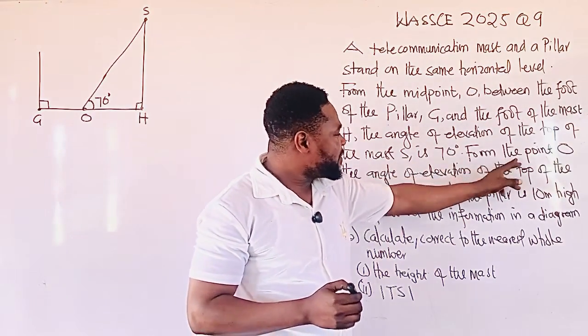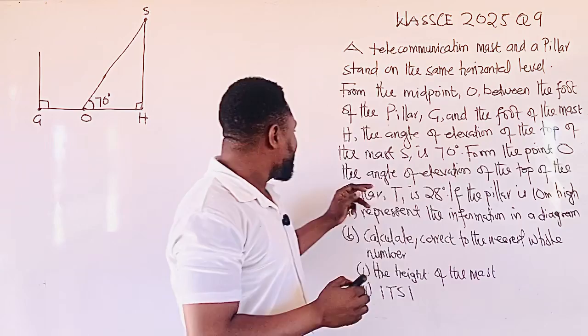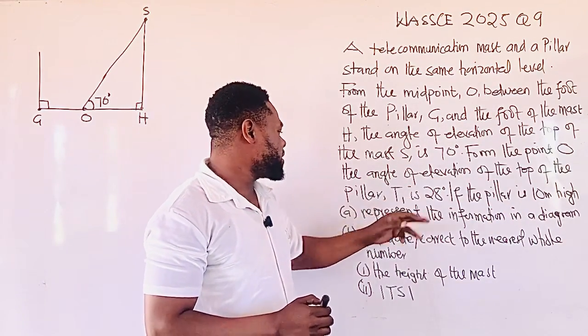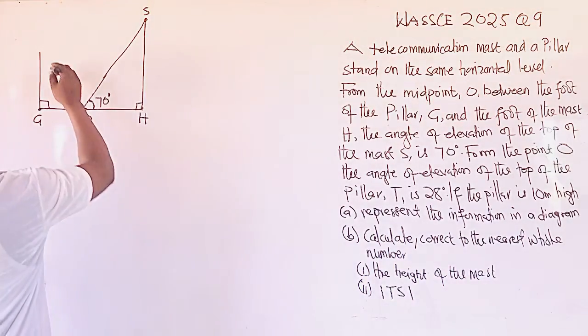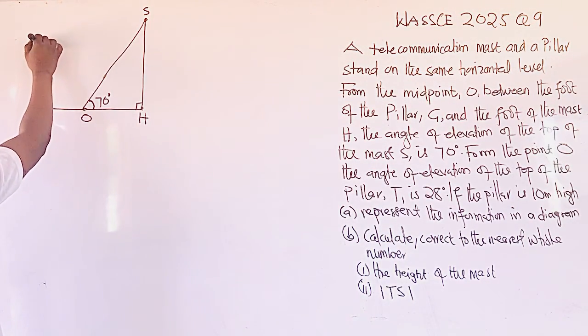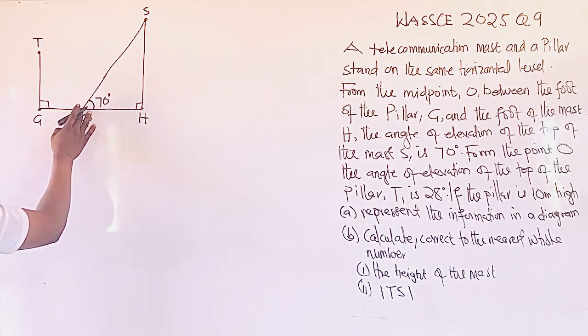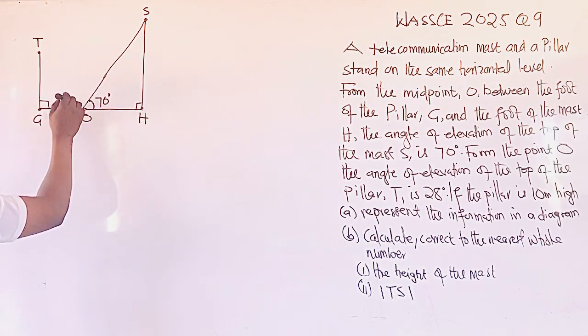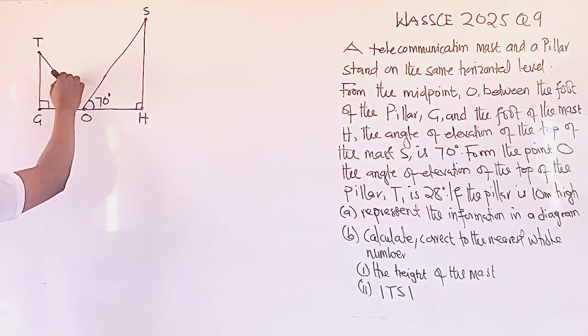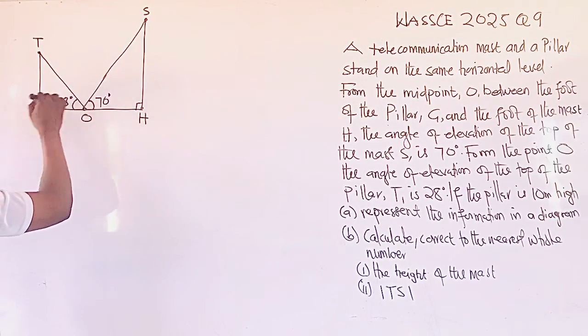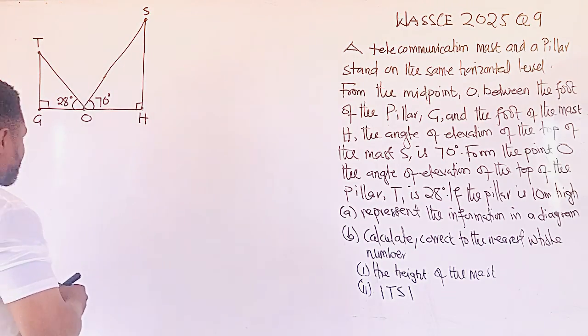Now, from the point O, the angle of elevation of the top of the pillar T is 28. So the top of the pillar here is T, and the angle of elevation from O to the top is 28. So here too, we join from here to here, then the angle here becomes 28.